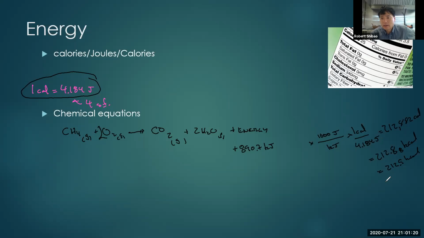Or this would be 212.9 capital C Calories. So it would be about 213 food Calories.